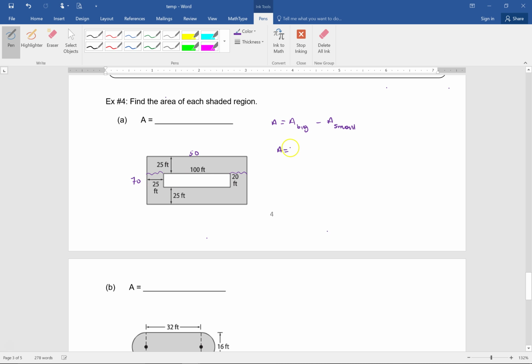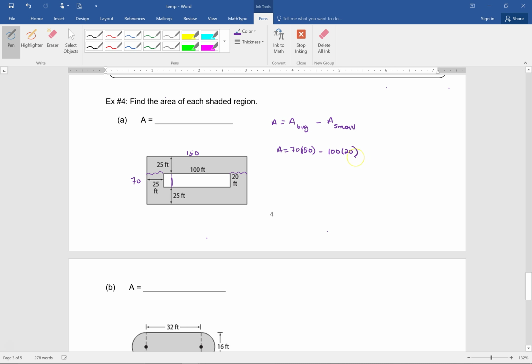So this is going to be 70 times 150, since it's 25 here, 25 here, plus another 20 there. Okay. 70 times 150 minus 100 times 20.